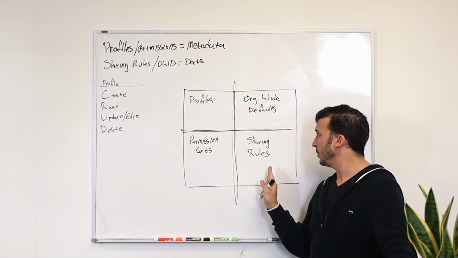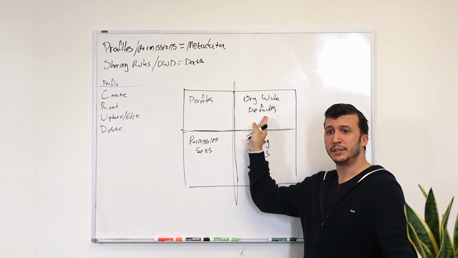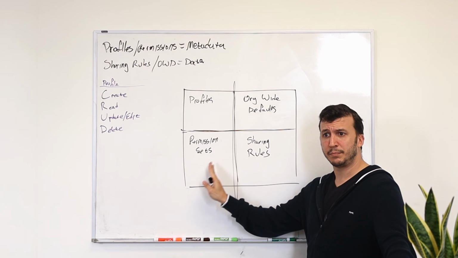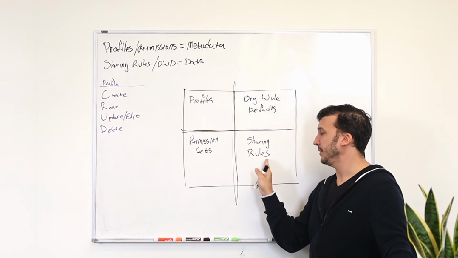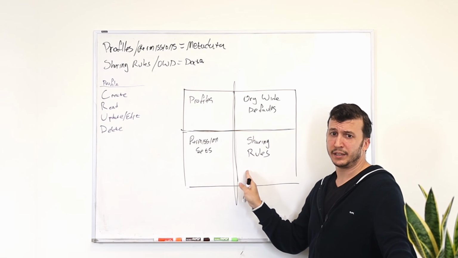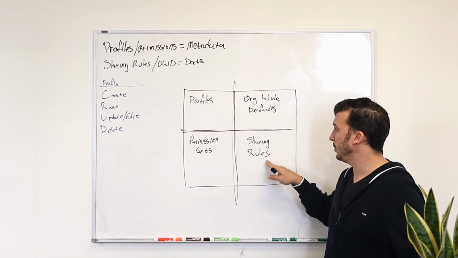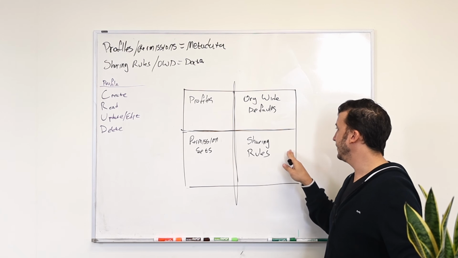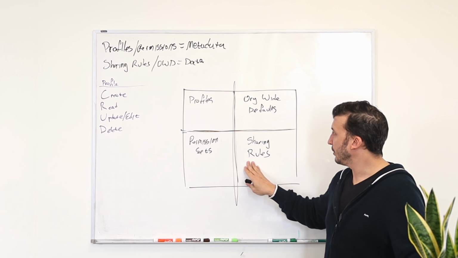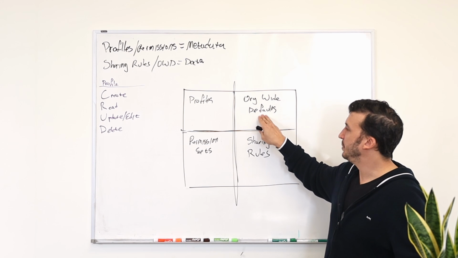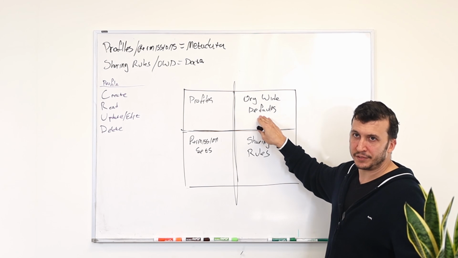So a sharing rule is something you can add to an org-wide default. This isn't handed out to individuals quite like a permission set, but it works in the same way in that it's additive. And a sharing rule might say, under certain conditions, certain people can see certain records. The sharing rules open up sharing beyond what the org-wide default says.